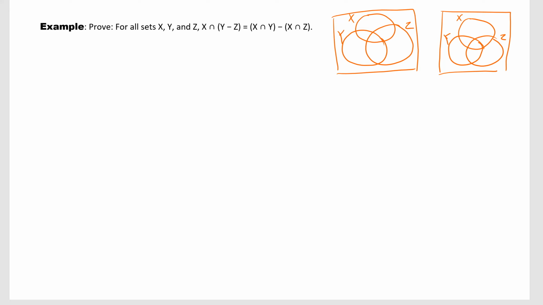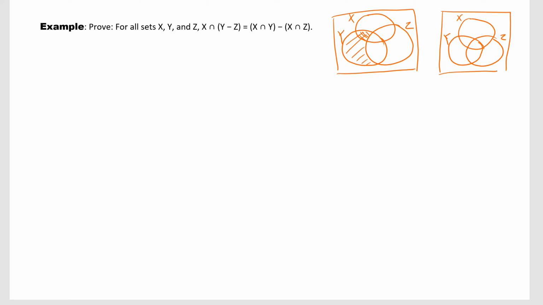First, x intersect (y minus z). What is y minus z? Y minus z means it's in y but not in z. So x intersect this region gives us these small pieces.